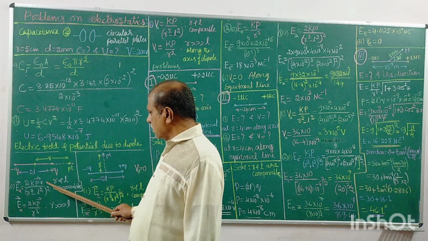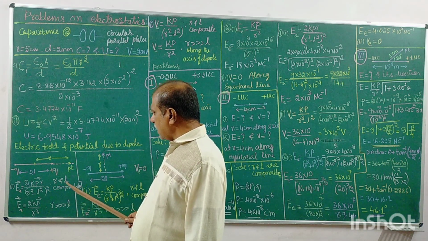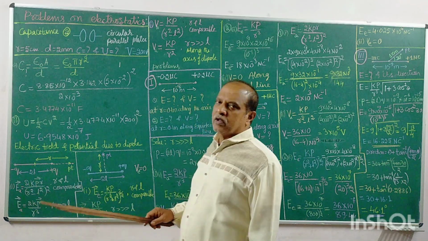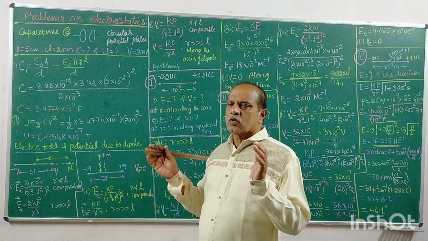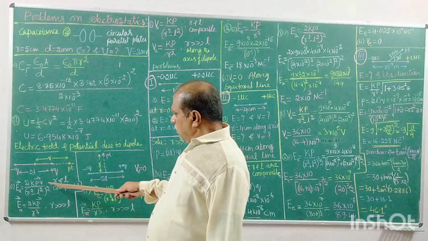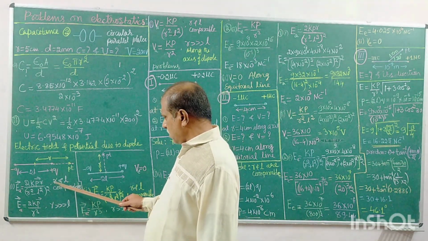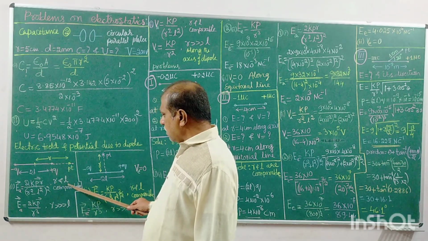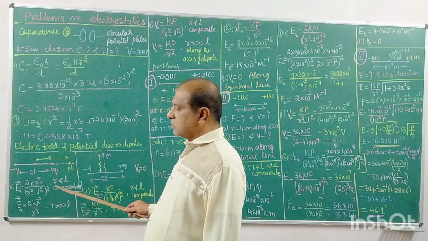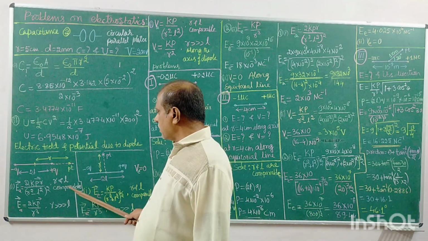This equation we can use if the values of R and L are comparable, meaning the values are closer to each other. Sometimes R and L are not comparable, with a large difference in their values.